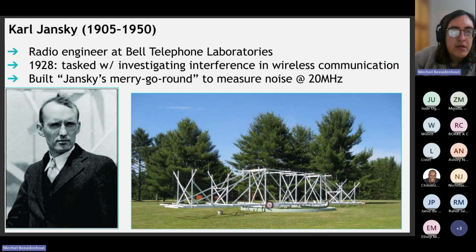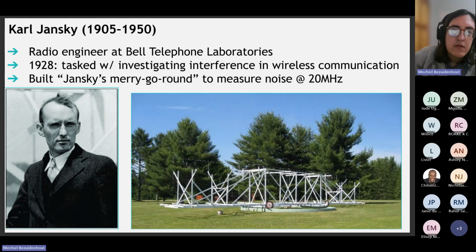That changed with Karl Jansky. He was a radio engineer at Bell Telephone Laboratories. In 1928, he was tasked with investigating interference in wireless communication, trying to see what kind of emission from the sky might be causing interference in communication.